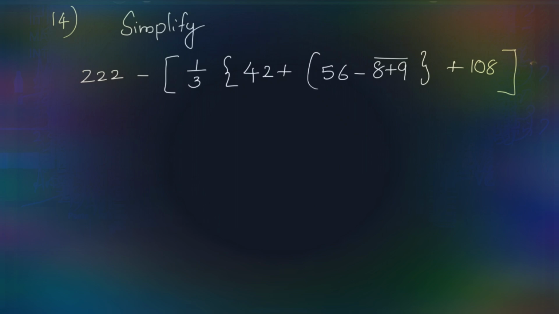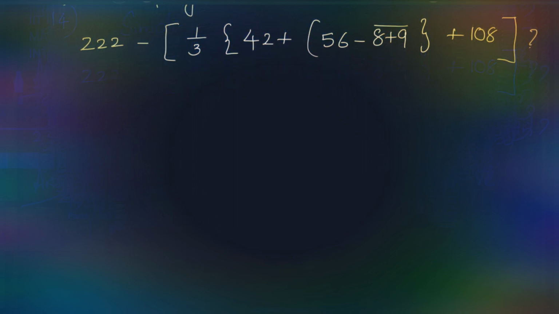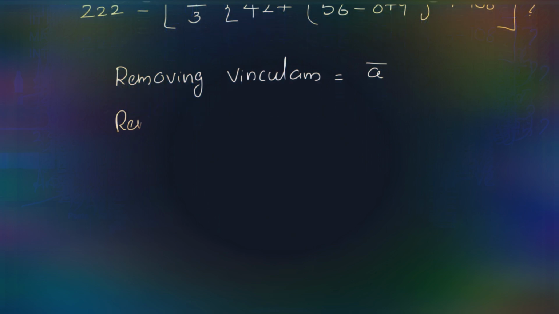So we can calculate. In this operation, first we remove the vinculum. First operation is removing the vinculum, that is a bar. Remove that first, then remove the parenthesis or double bracket.